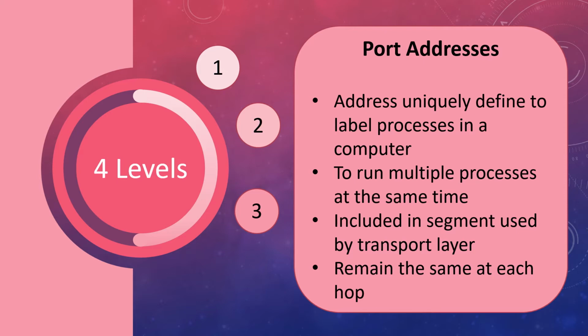Today, computers are devices that can run multiple processes at the same time. The end objective of internet communication is a process communicating with another process. In other words, they need addresses. In the TCP/IP architecture, the label assigned to a process is called a port address.